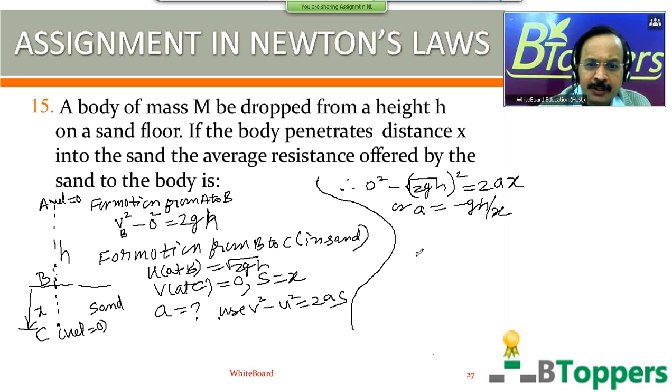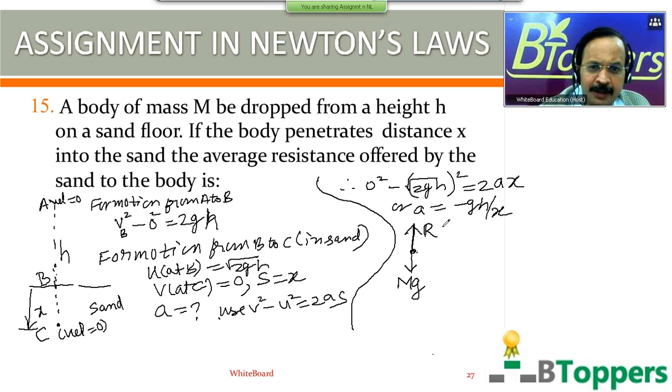So during the motion in sand, 2 forces act on the body. One is its weight mg, which acts vertically downwards, which is the gravitational force on the body by the earth.